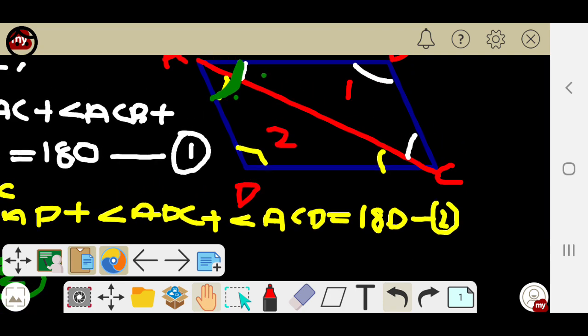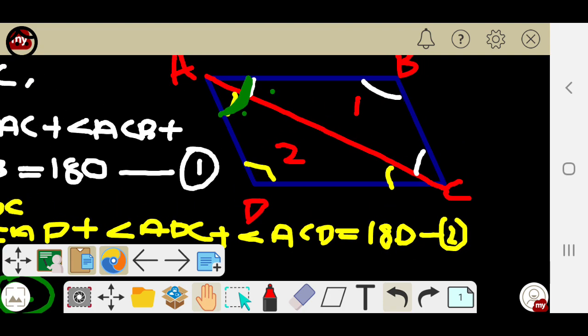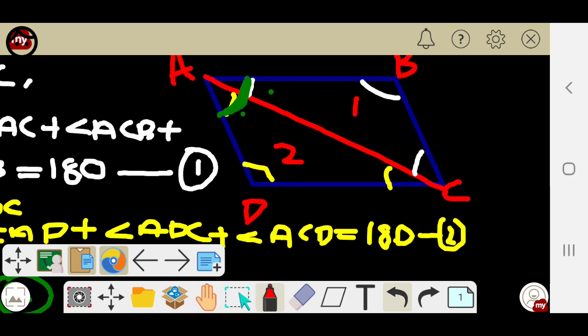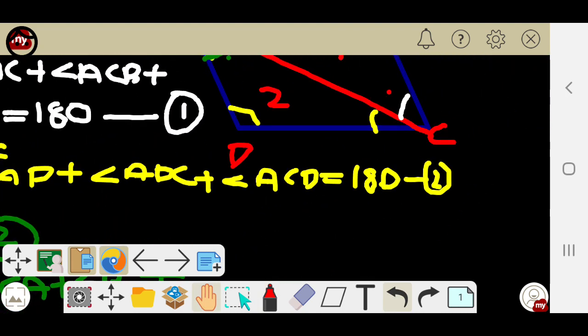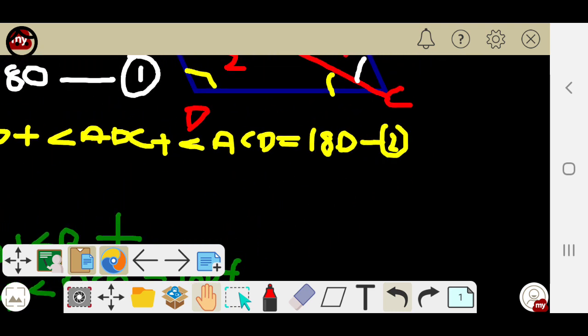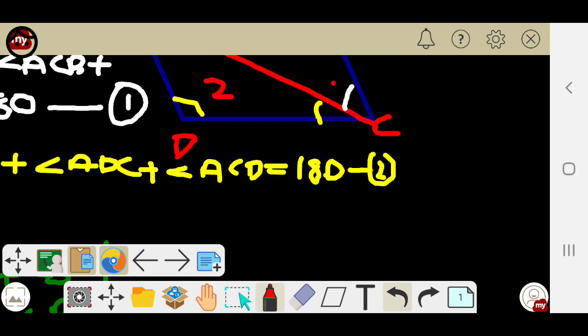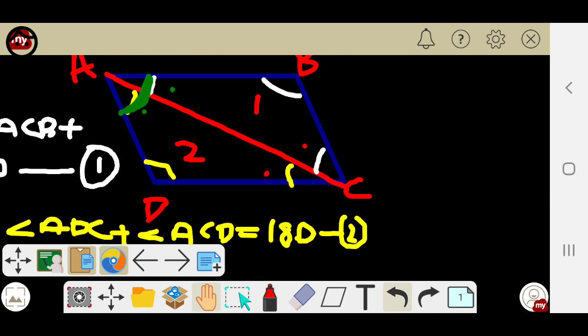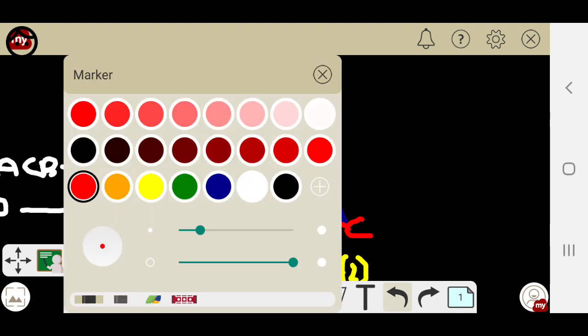Okay. Angle BCA. Which one is BCA? This one. BCA plus ACD. Okay. BCA plus ACD gives this total angle.